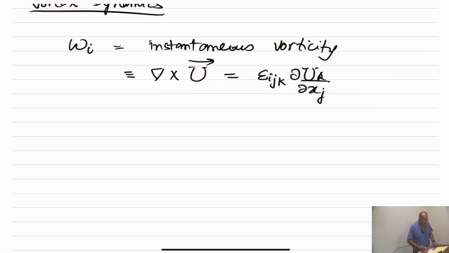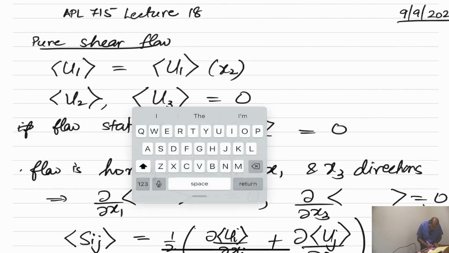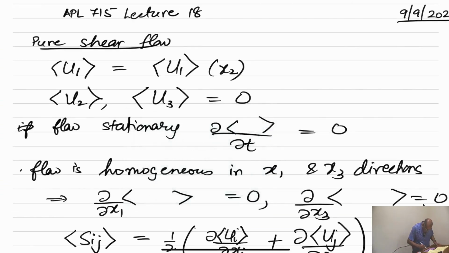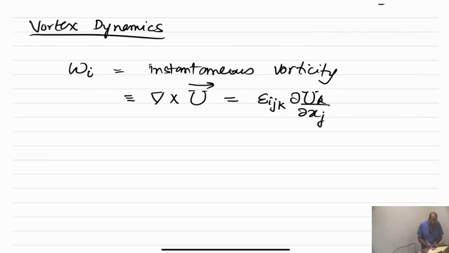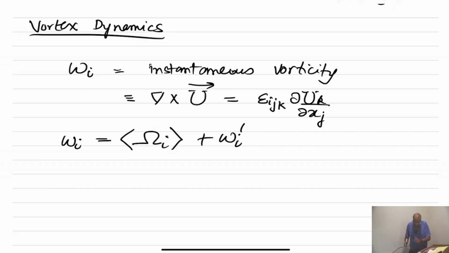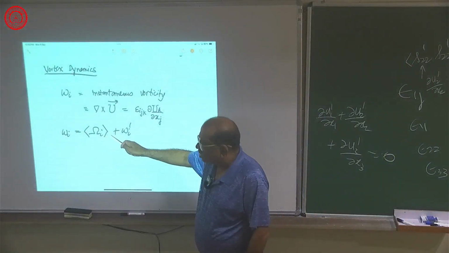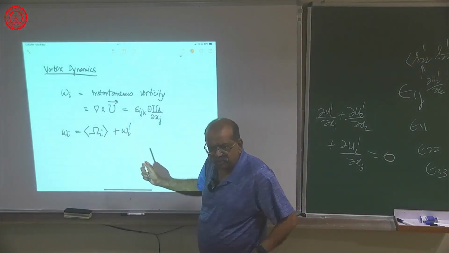Okay. Now, other thing we will do is, we'll use this later, that if we average it, this omega I, this is instantaneous, so if we average the instantaneous vorticity, it will be mean vorticity plus the fluctuating part.